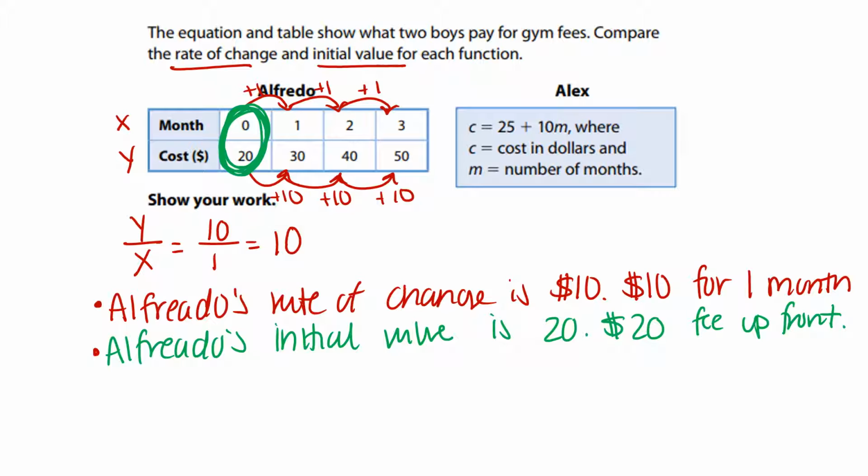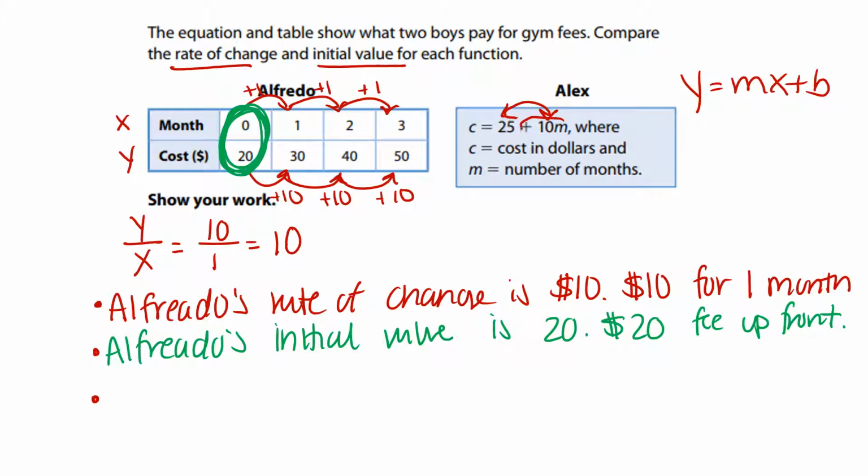Now, moving on to Alex. Alex has the equation C equals 25 plus 10m. Remember, we're going to reference the equation y equals mx plus b. Even though they use different letters, C and M, it's still in the same format. I want you to notice how the 25 and the 10M are backwards. That is okay.